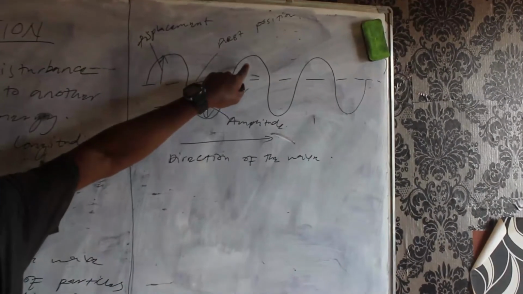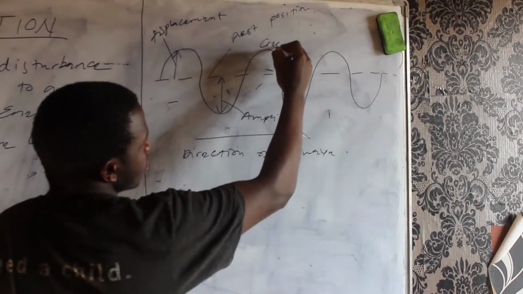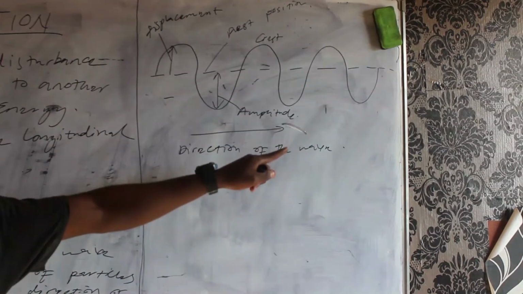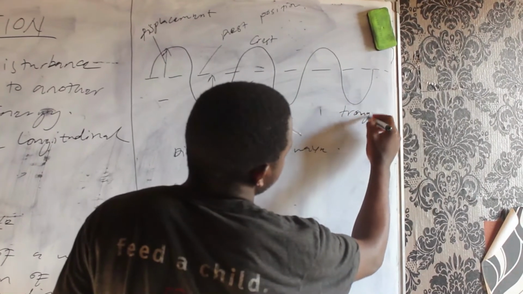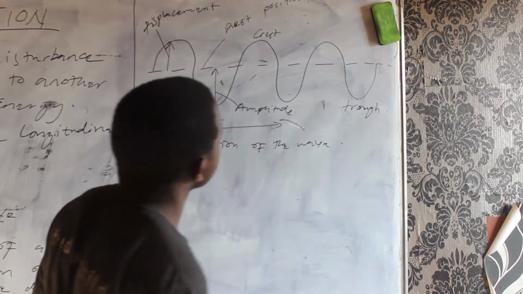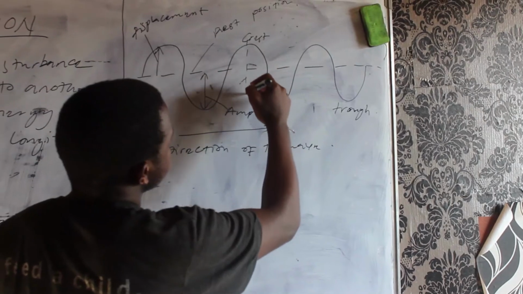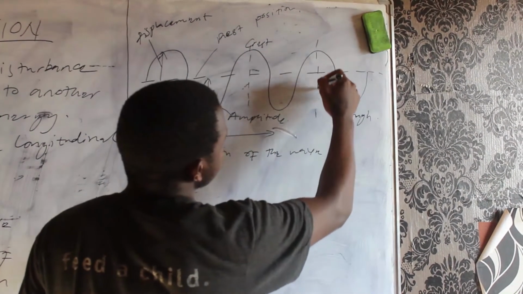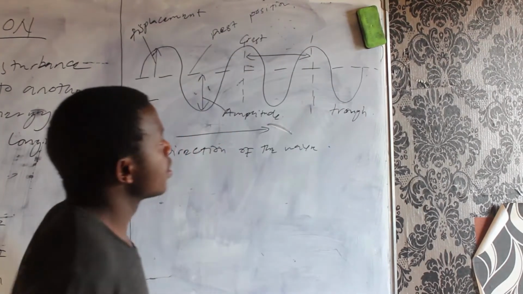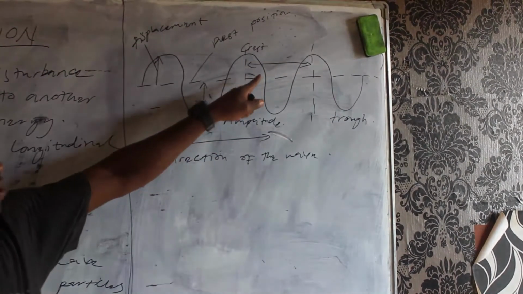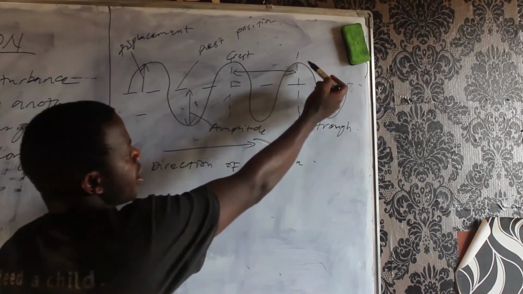Then the upper part of the wave here is referred to as the crest. The lower part is referred to as the trough. Then the distance between two successive crests. So as you can see, I have the crest here, I also have the crest there.